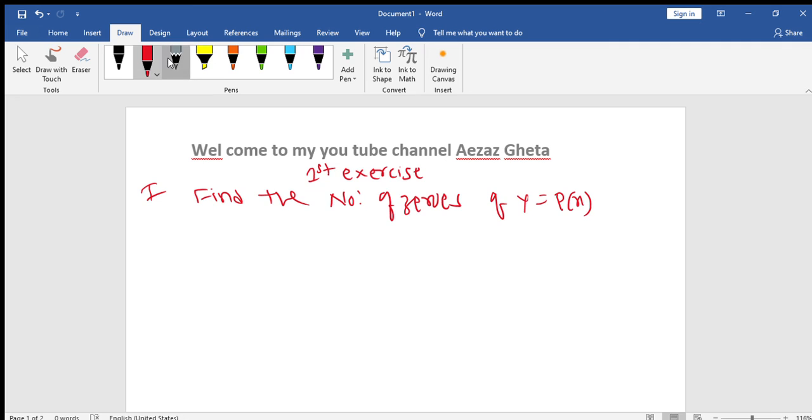So they have given certain graphs. This is the x-axis, this is the y-axis. We need to look at how many times the graph intersects the x-axis.